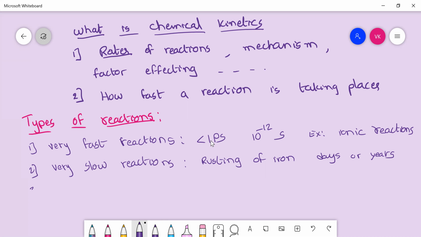Very difficult to determine. The next one is moderate reactions. Moderate reactions means the rate of reaction is measurable at normal temperature, that is, room temperature.